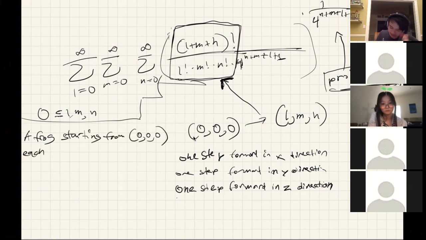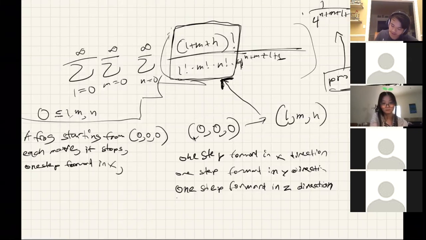Each move, it either stops, goes one step forward in the x direction, one step forward in the y direction, or one step forward in the z direction, with equal probability. So 1 over 4 probability for each, right?